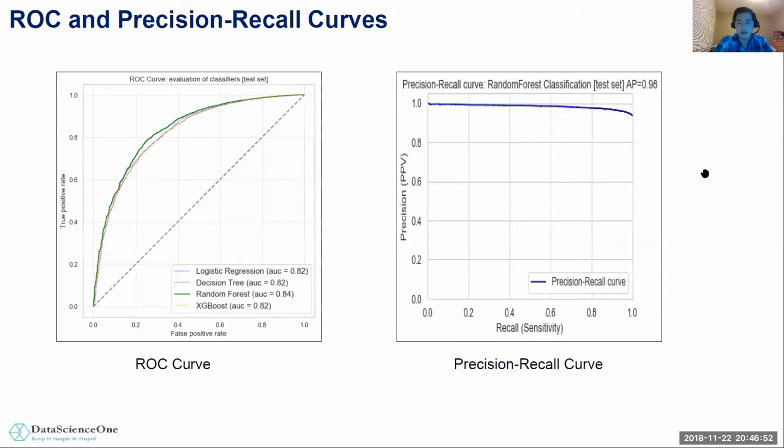On the right-hand side, we're seeing a precision-recall curve for the random forest classifier with an average precision of 0.98, meaning about 98% of the time, the model is good at predicting renew clients out of the total number of actual renew clients.